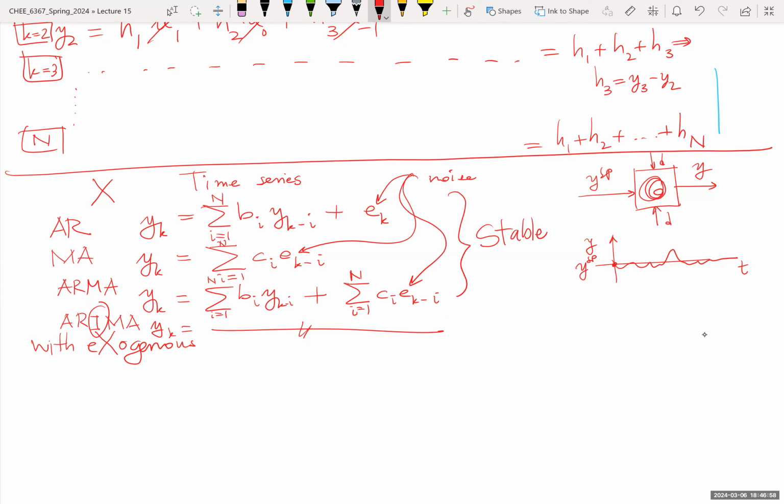But there is a thing that says the roots of the characteristic polynomial, which is b_i z to the minus i. If you take z transforms, which we know how to do, and you take z transforms of this ARMA model, this is going to be y of z, and this is delayed. So each one is going to have z to the minus 1, z to the minus 2, z to the minus 3, right? Because it's delayed. So you have the coefficient times z to the minus 1, z to the minus 2, and so on. So this equation has a pole at 1, which means this is drifting.